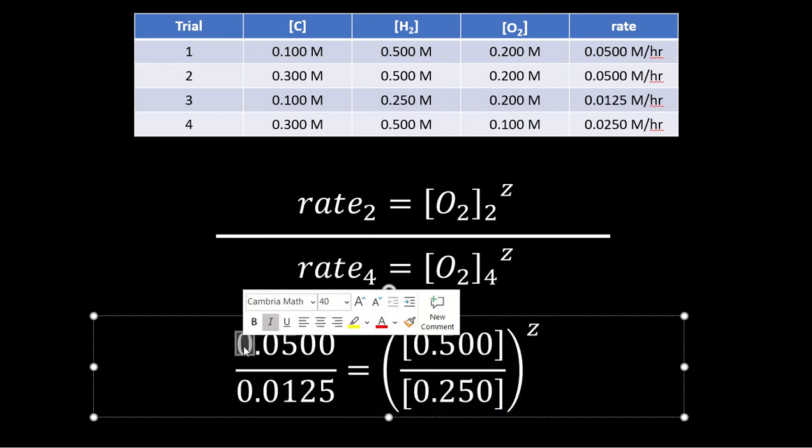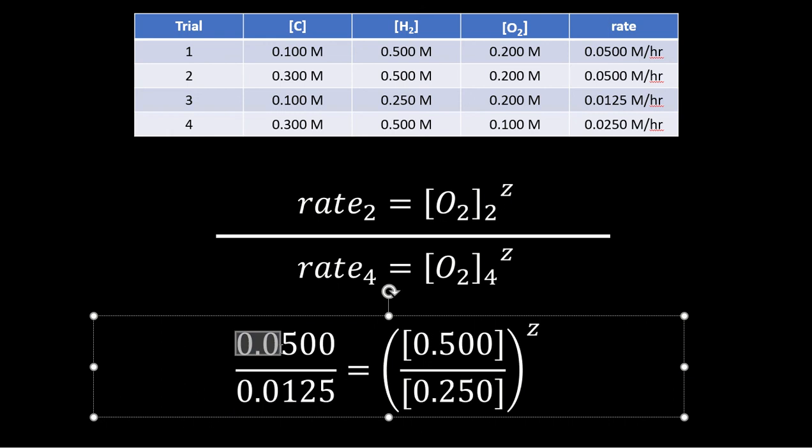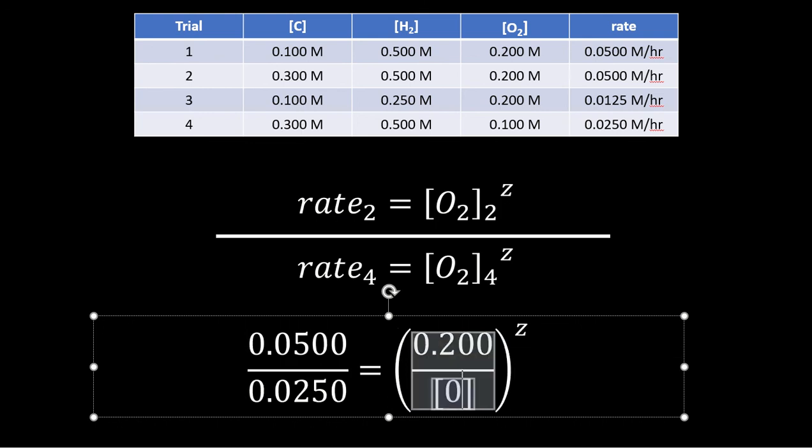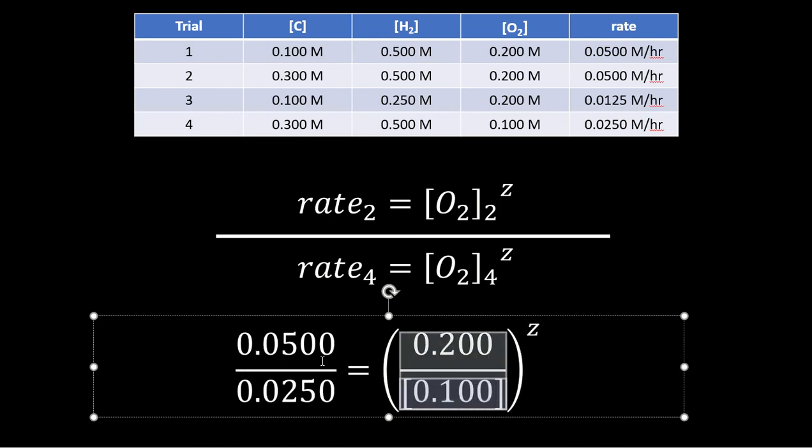The rate in trial 2 comes out to be 0.0500 molars per hour, and the rate in trial 4 ends up being 0.0250 molars per hour. The concentration of molecular oxygen in trial 2 is 0.200 molars, and in trial 4 it is 0.100 molars.